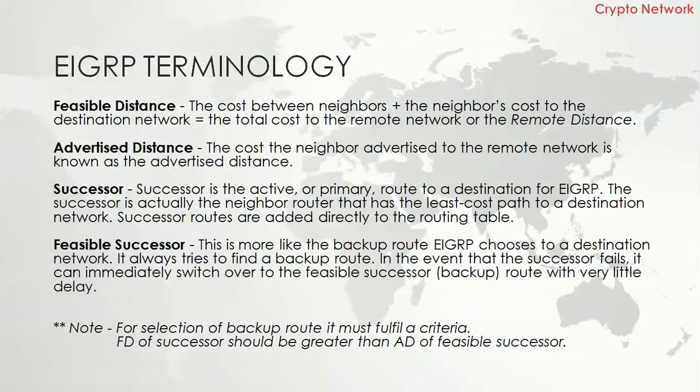Do not confuse it with the AD value, the administrative distance. This is the advertised distance we are talking about. So a neighbor's advertised distance for the route must be less than the successor's feasible distance. This condition must be met in order to be chosen as a feasible successor.